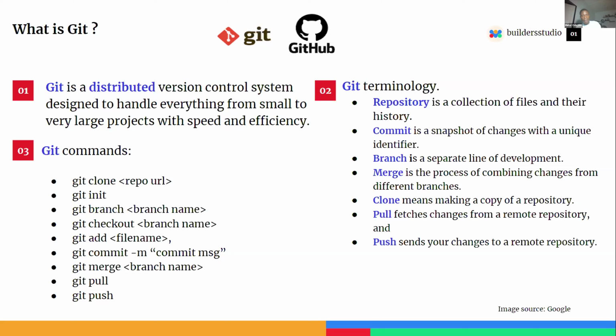Now, after bringing those changes down and you make your own particular changes, let's say you add a new picture or add multiple lines of code, you have to send it back to GitHub so other people, other teams can see it, review it, and then add it.